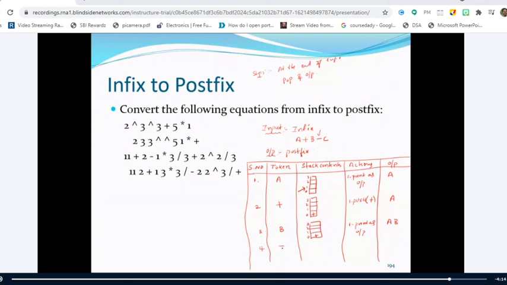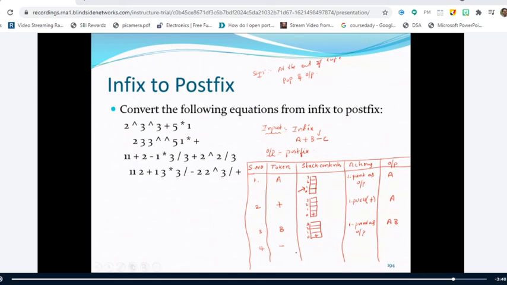Whenever you come across an operator, what do you have to check? You have to check whether the stack is empty or not. If the stack is empty, just push it. But if the stack is not empty, then the actual process comes into existence. That is, you have to compare the precedence of the incoming operator with the precedence of the top of the stack. Now tell me what happens to the precedence of this minus and plus.